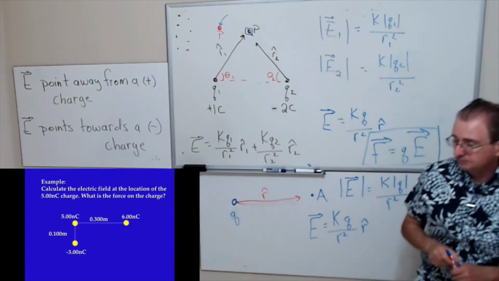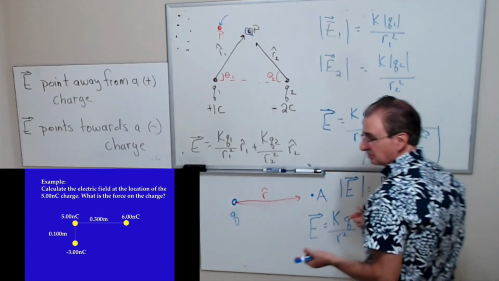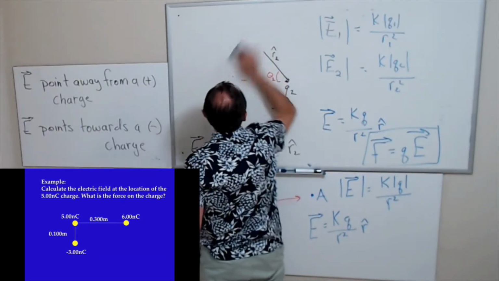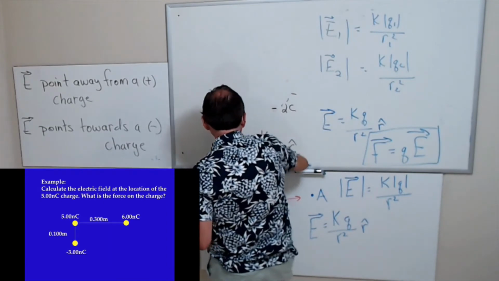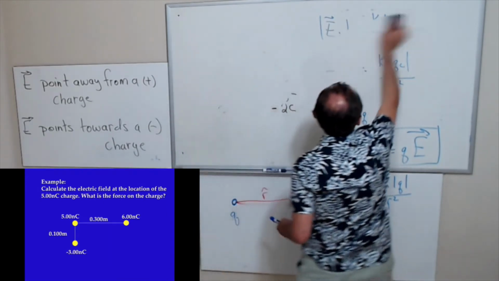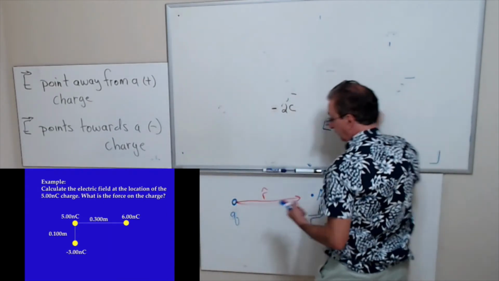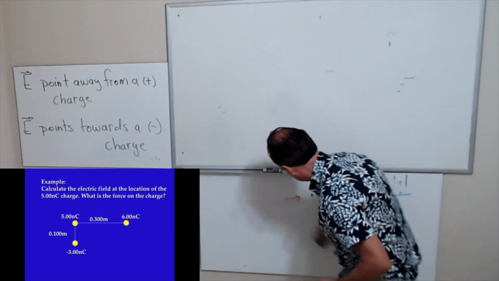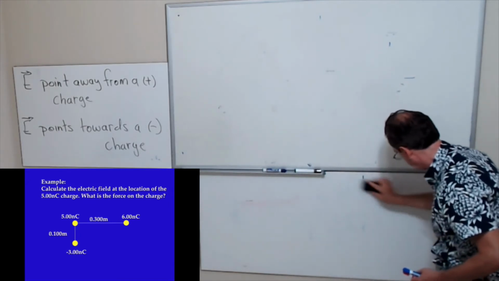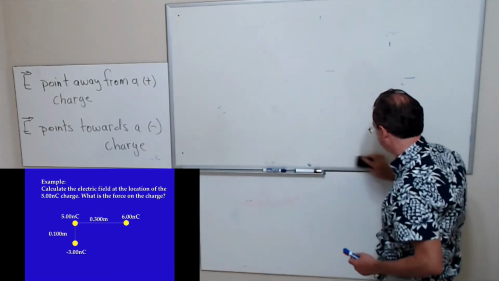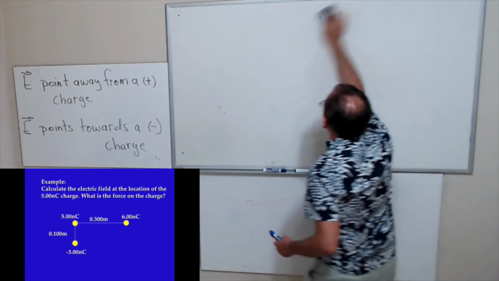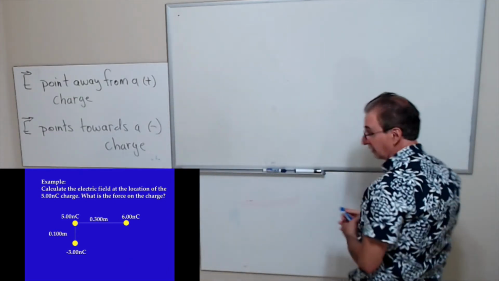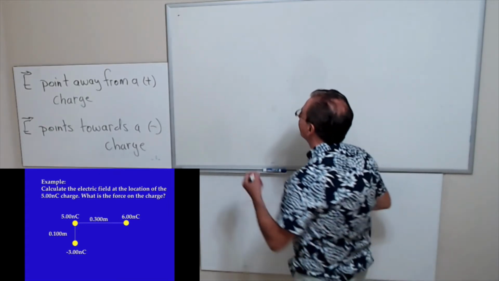So let's do this problem. This one's actually pretty straightforward. There's only two charges. But here I'll put in numbers. I think you kind of have the idea of what we're going to do here. Stop me if you're not understanding something. Okay.